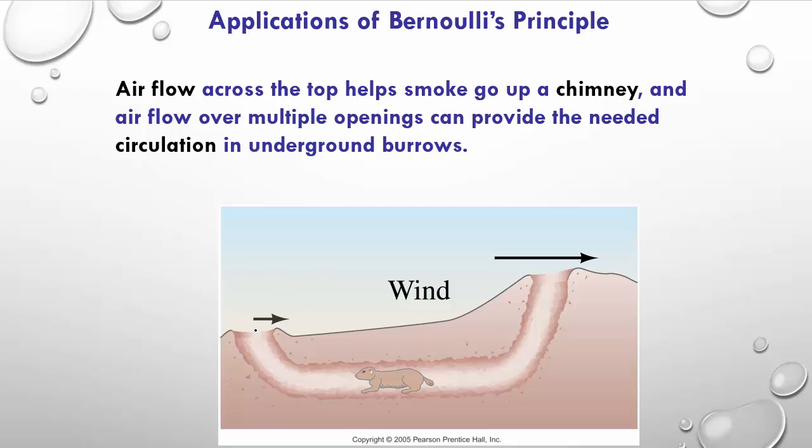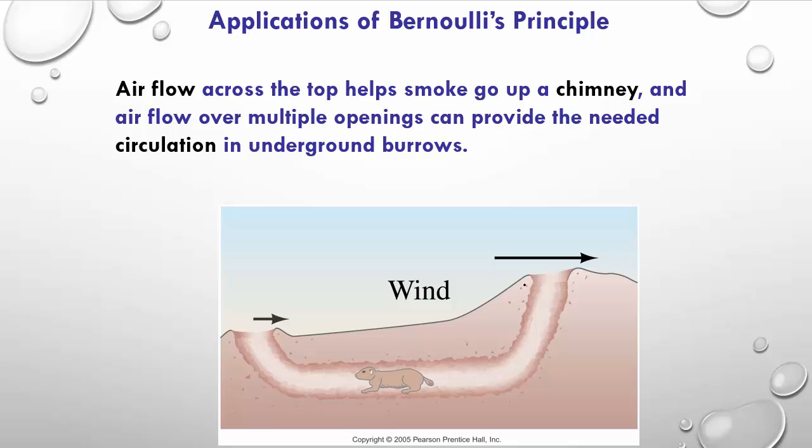And so what they try to do is to have two different heights for the holes. Not that that height changes the pressure down here, but what happens is the wind speed tends to be different at different altitudes or elevations. So if the wind is faster here than down here, that's going to cause a lower pressure here. So that's going to cause air to flow through their tunnel and replenish the oxygen, so they don't suffocate down there.